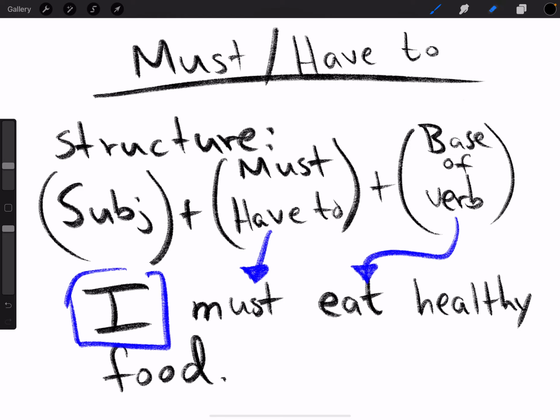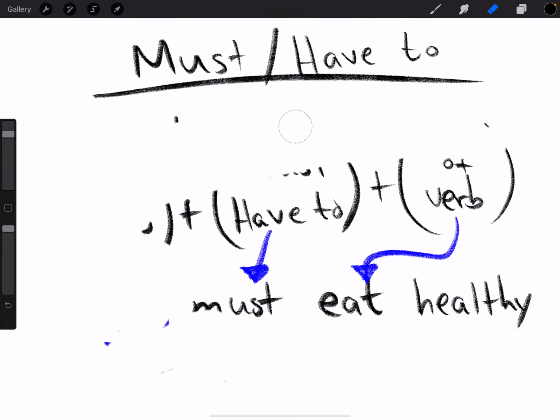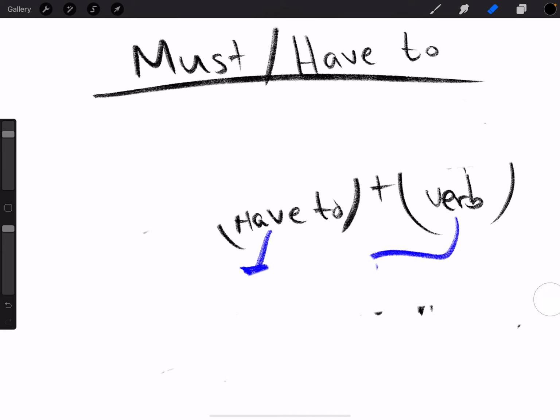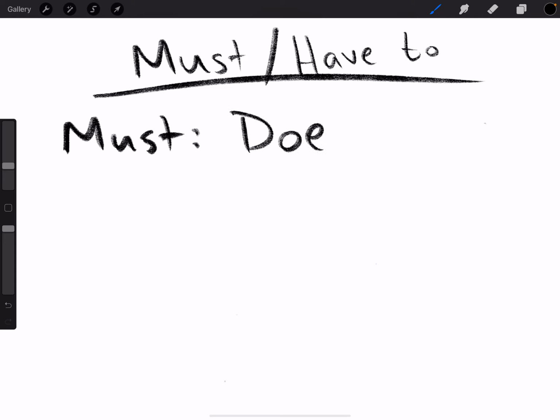Now, we should note a couple of things about these verbs. Is that the verb must doesn't change, does not change.